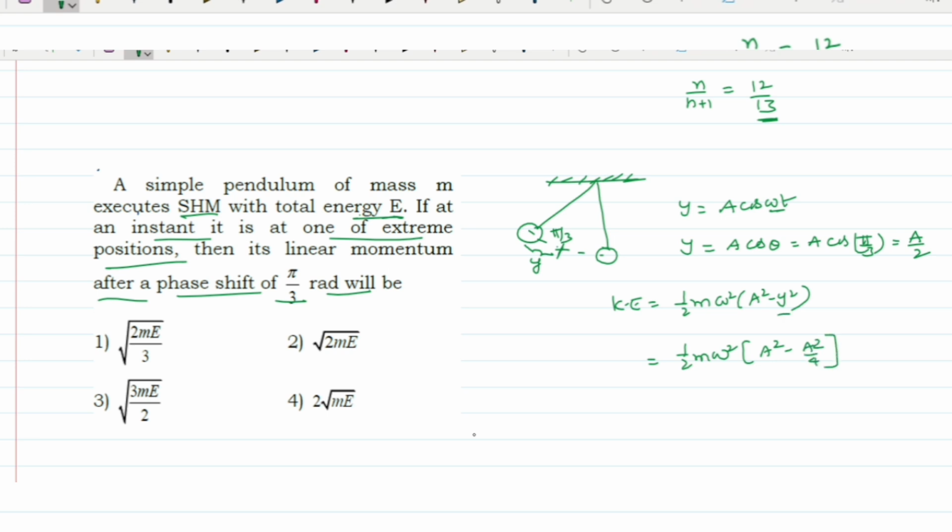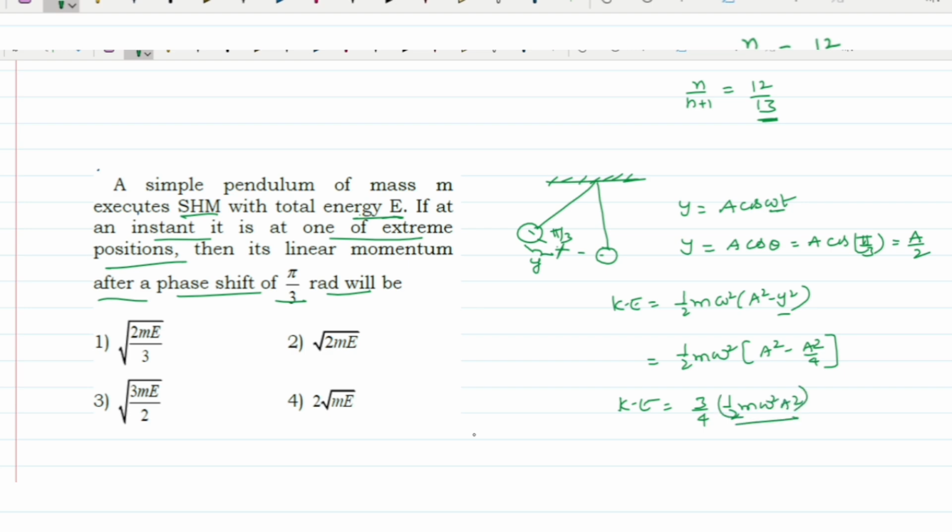So 4a square minus a square gives 3 by 4, and this is 3 by 4 of half m omega square a square.